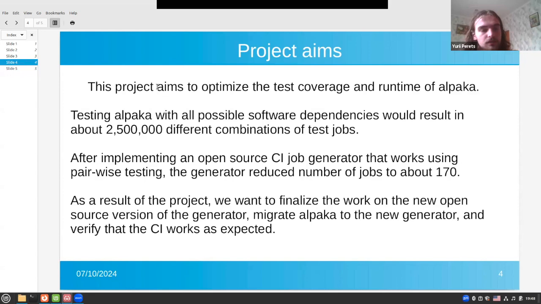But there is also a problem that we don't know if all the possible jobs were generated. So as a result of the project, we want to finalize the work on the new open source version of the generator, migrate Alpaka to the new generator, and verify that the CI works as expected.